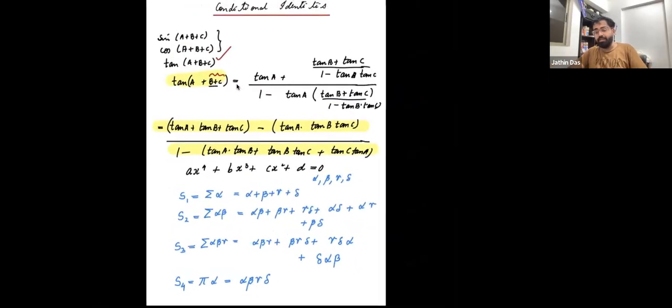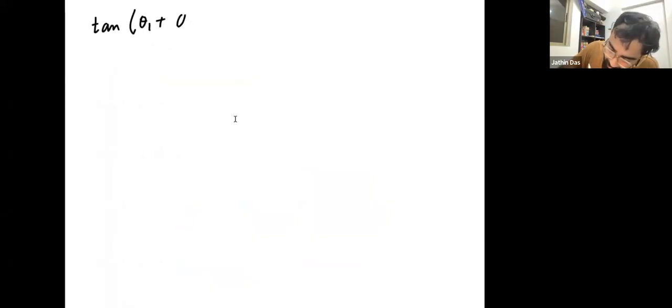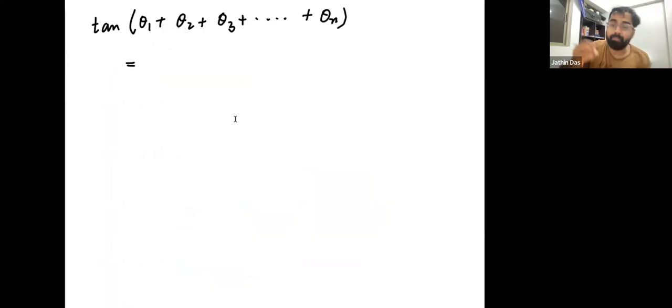So if this is clear, then I'll tell you the formula for tan anything. Okay. So like if I say tan of theta 1 plus theta 2 plus theta 3 and so on. Once you do complex numbers, I'll prove this for you that day. Okay, you can prove the general thing when using complex numbers.